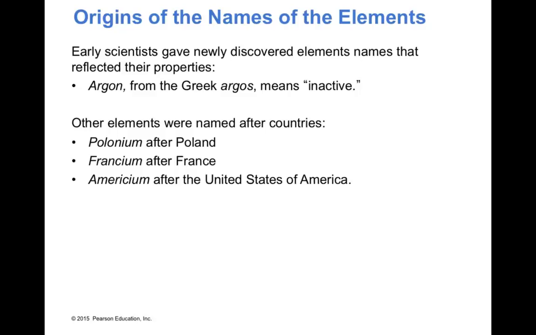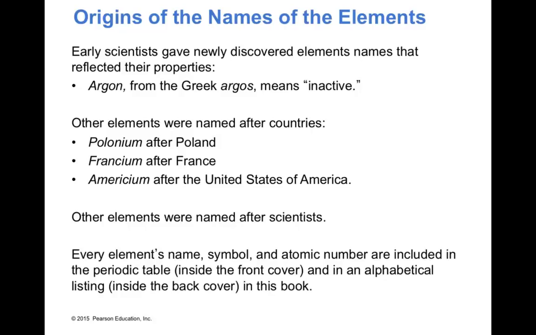Other elements were named after countries: polonium from Poland, francium after France, and americium after the United States of America. Other elements were named after scientists. Every element's name, symbol, and atomic number are included in the periodic table and in the alphabetical listing also in this book.